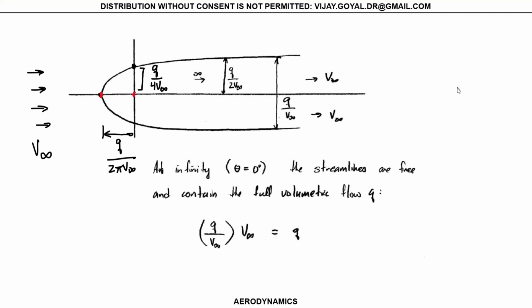Okay, so with that said, another thing that you can also realize as I go to infinity is that the full volumetric flow becomes Q, which kind of makes sense, right? As I'm going over my body and I multiply whatever happens there times the same stream, it should cancel out. Okay, so this is the first part.